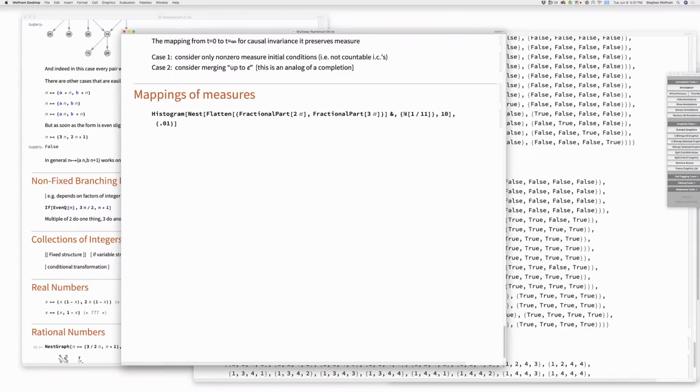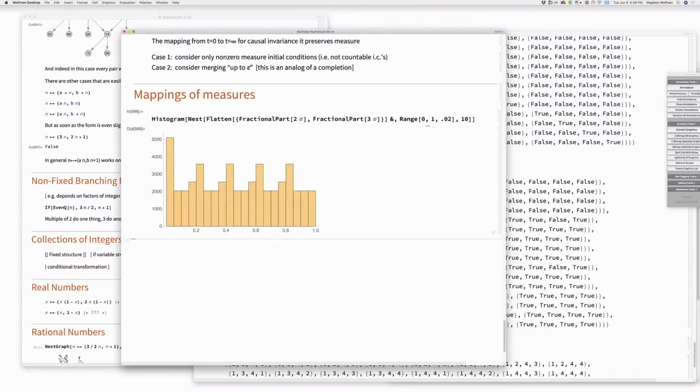We take range 0, 1 in steps of 0.02, then we map that, and then we ask for a histogram of those things. That's asking what happens to that measure. At the beginning, that will be a uniform measure, and this is asking what that measure does as we iterate it. Make sense?